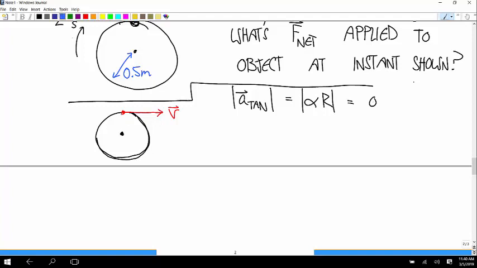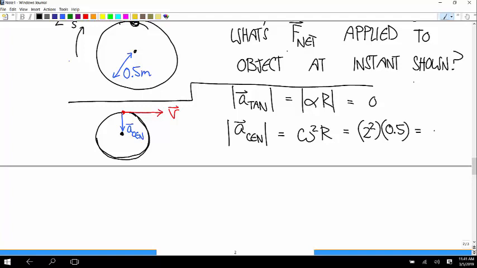The centripetal acceleration is this way. And we can calculate the magnitude of the centripetal acceleration as omega squared times r. So that's 2 squared times 0.5. So 2 meters per second squared.